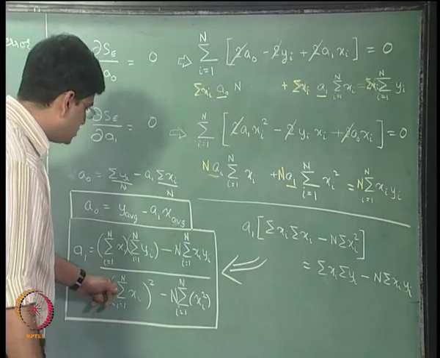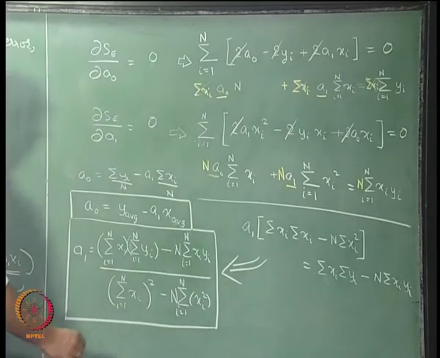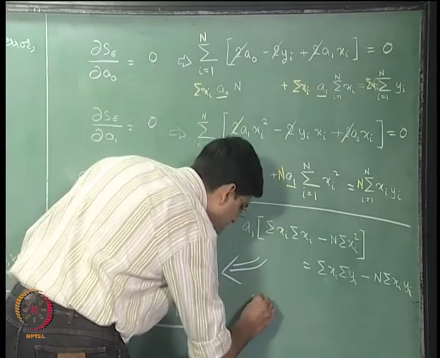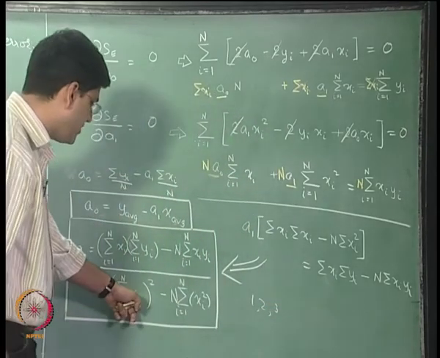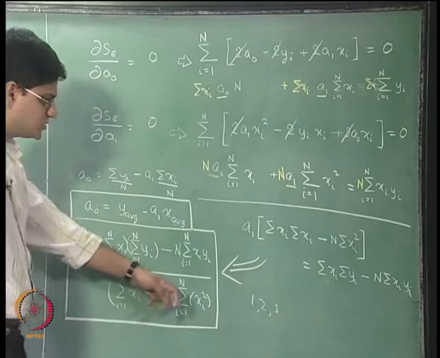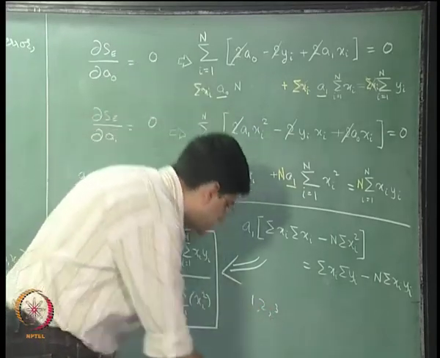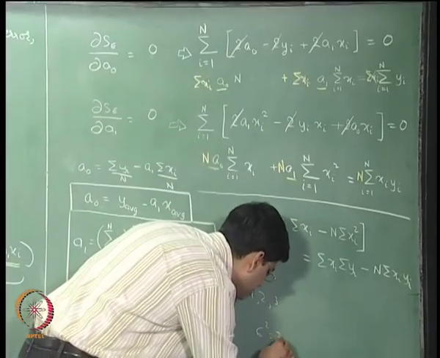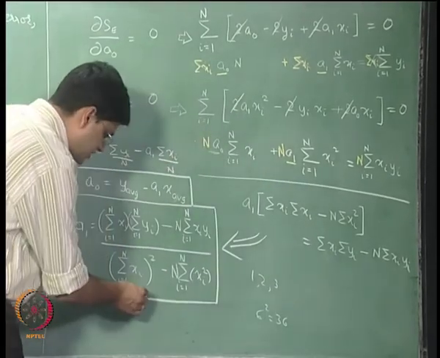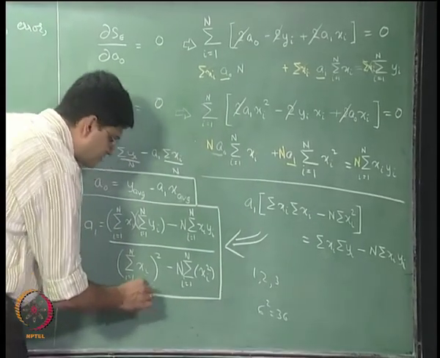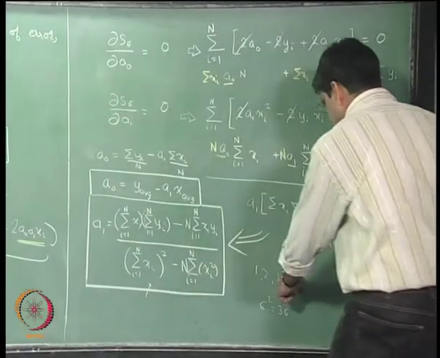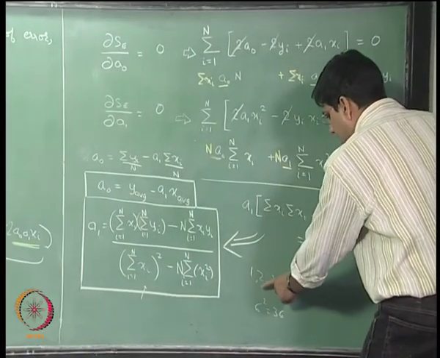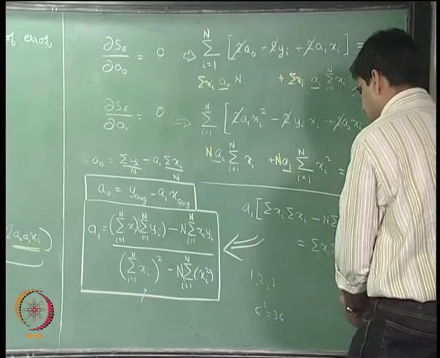Okay. So, for example, if we have the value of xi as say 1, 2 and 3, then summation of xi, the whole squared is going to be 1 plus 2 plus 3, that is 6 squared, that is 36, whereas summation of xi squared is going to be 1 squared plus 2 squared plus 3 squared, that is 1 plus 4 plus 9, that is 14.